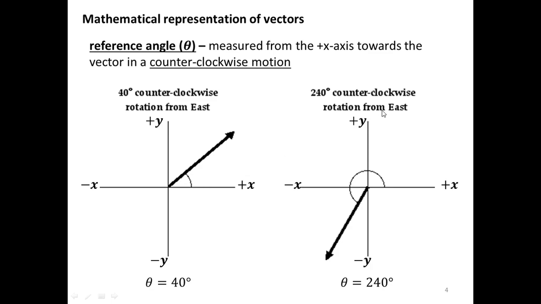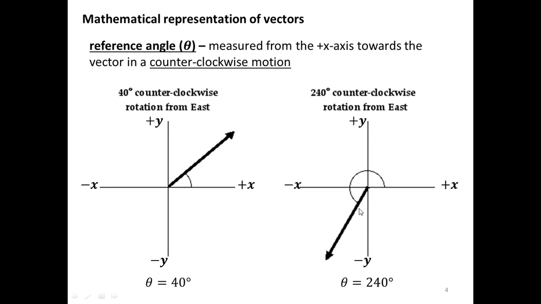On the other hand, we have another example here. Again, we have the same Cartesian coordinate. We have here the positive x on the right, negative x on the left, positive y in the upper portion, and negative y in the lower portion. We measure the reference angle counterclockwise from the positive x-axis towards the vector.